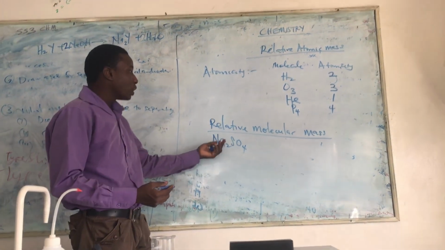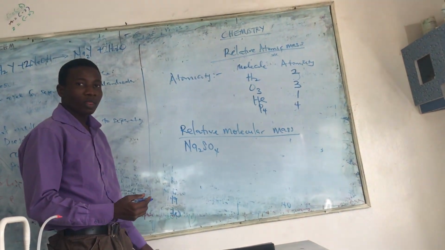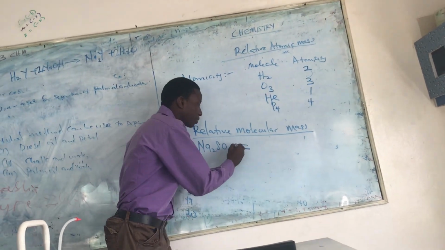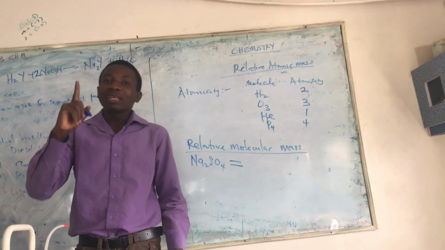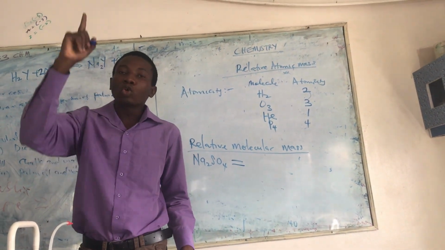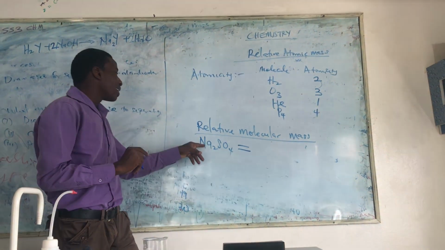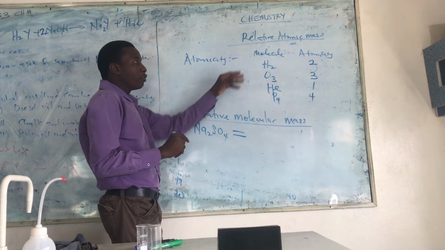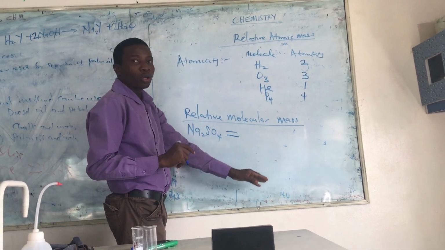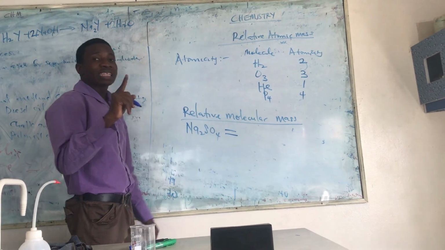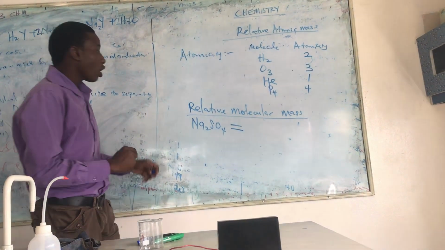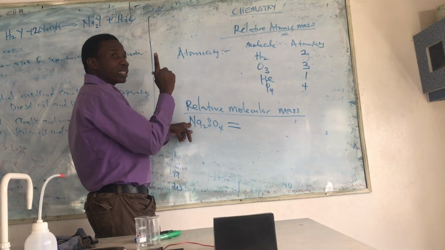Now, how will I calculate the relative molecular mass? Before I can calculate it, we must first know the relative atomic masses. What is the relative atomic mass of sodium? From the table I drew for you, sodium is 23.